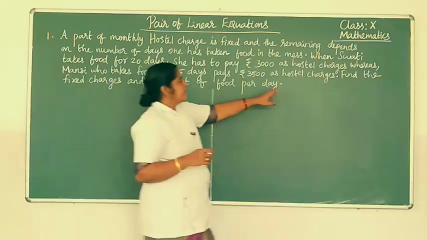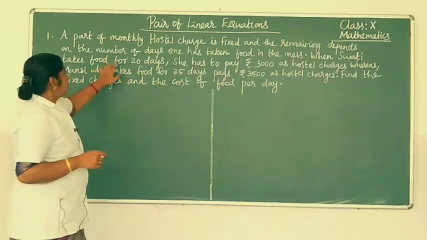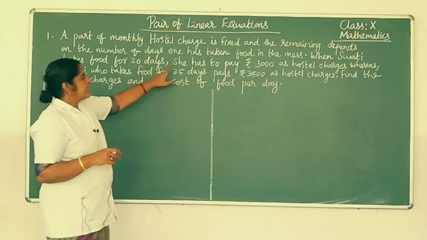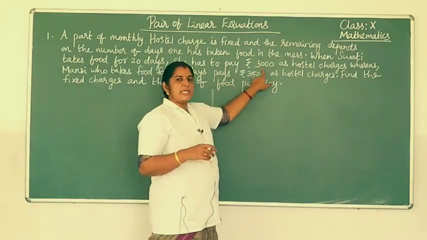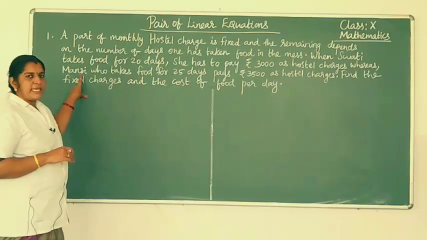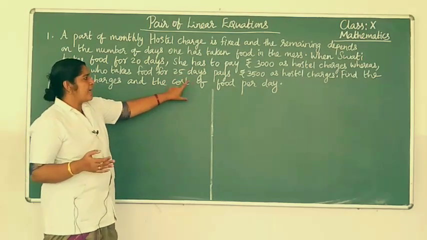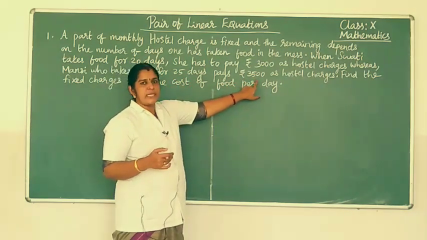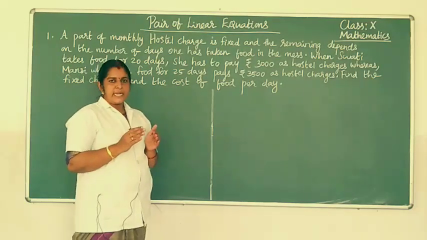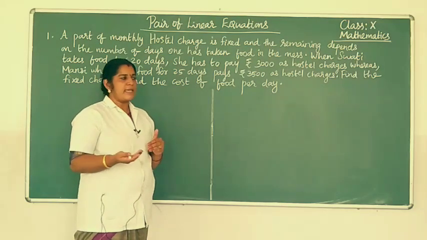Swati is taking food for 20 days, so she has to pay rupees 3000 as hostel charges, whereas Mansi, who is taking food for 25 days, has to pay rupees 3500. So the charge is considered as the monthly fixed charge plus the charge for the days they are taking food.